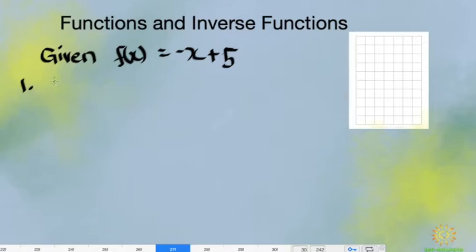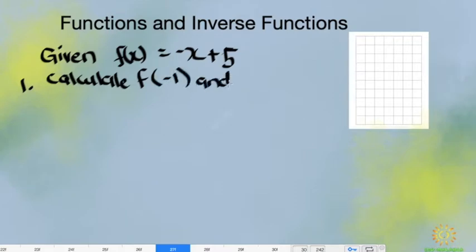The first question is I must calculate f, which is this relationship, at -1, and f at 2, and f at 0. Then I must use the answers above to write down 3 elements.